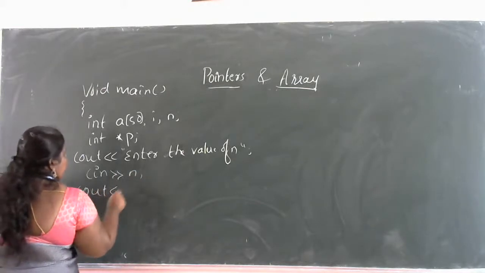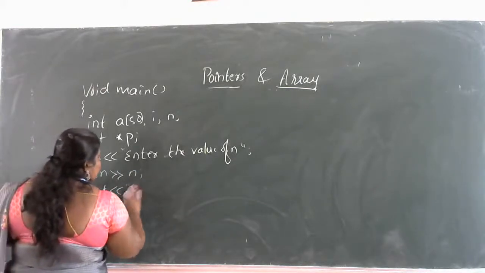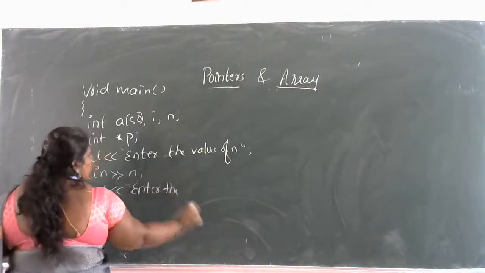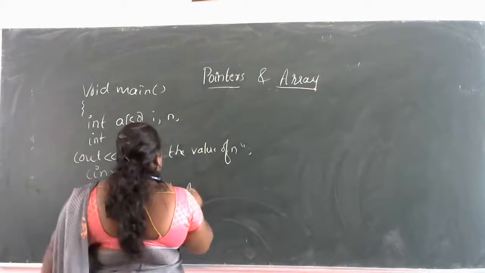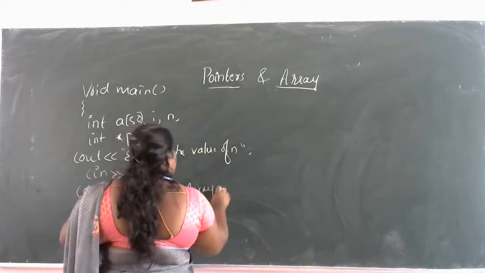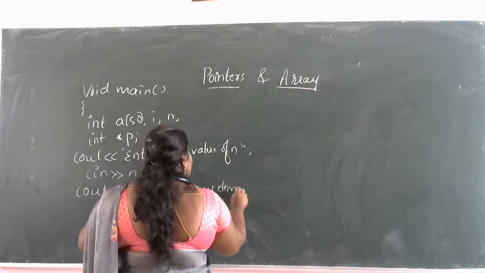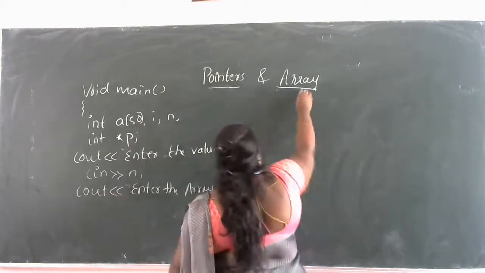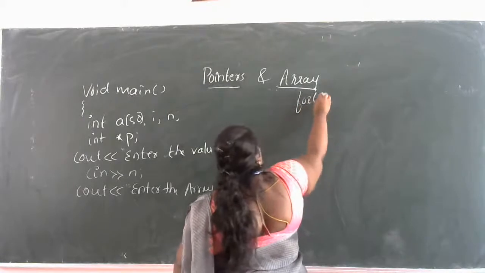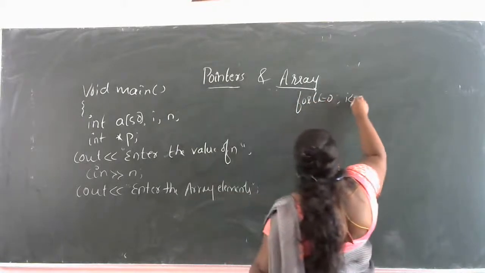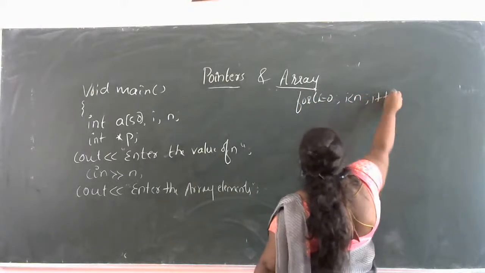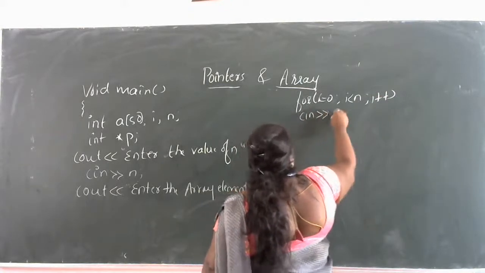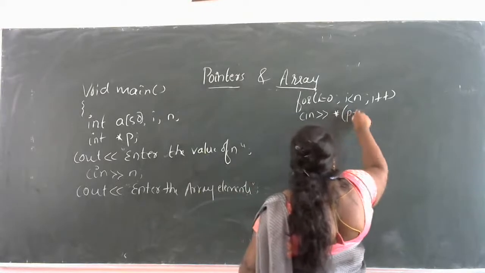Cout enter the array elements. For i equal to 0, i less than n, i plus plus, cin star p plus i.